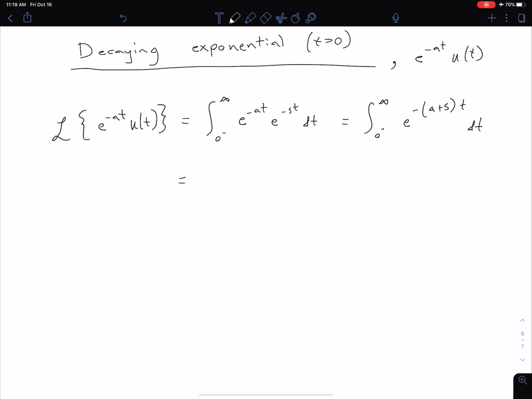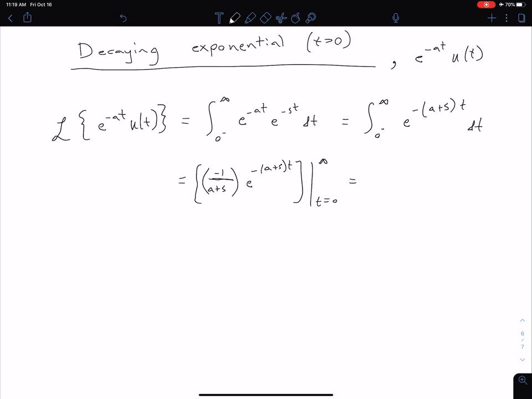And from here, our evaluation is going to look pretty similar to last time. It's just our argument of our exponent is different. So we have a negative 1 divided by a plus s from considering our chain rule when we do that derivation. And that's multiplied by e to the negative a plus s t. All of that is evaluated from t equals 0 to infinity.